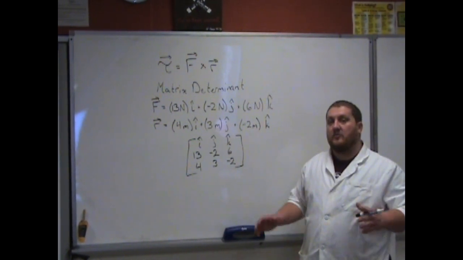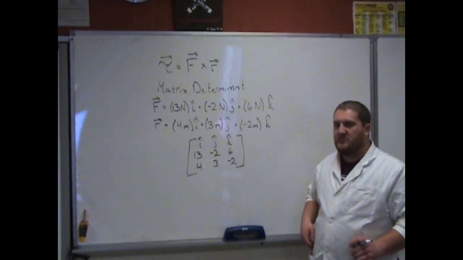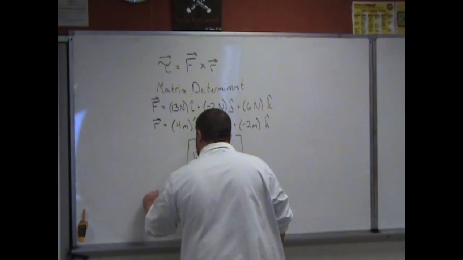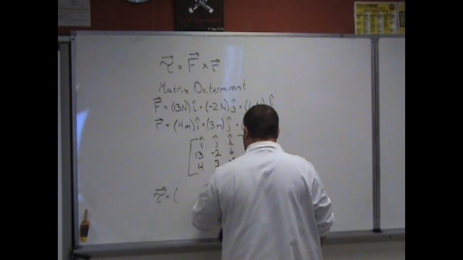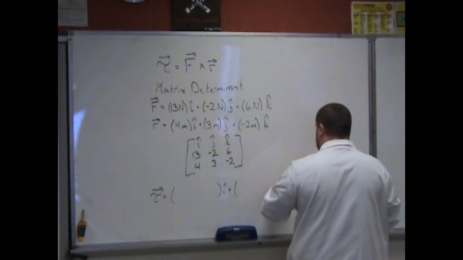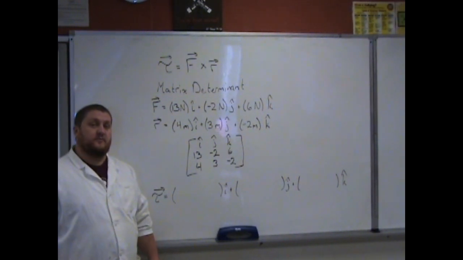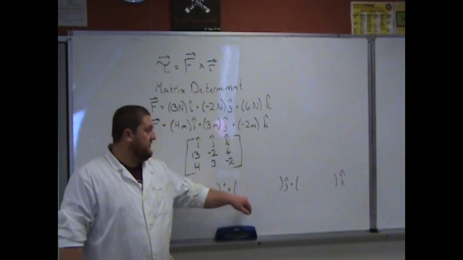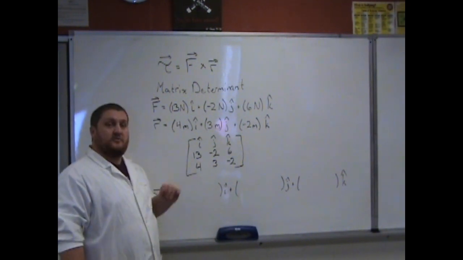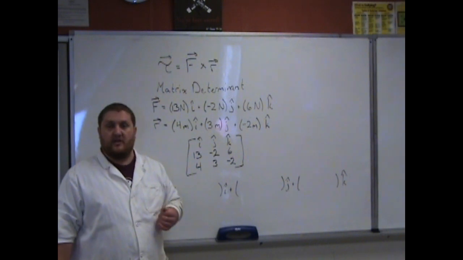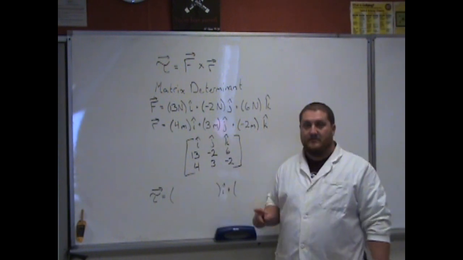As I solve this, I'm going to go ahead and write what my answer will look like. It'll make more sense here in a second. Since my answer will be a vector, I have the i component, the j component, and the k component. I've left myself lots of room because I'm going to need that room as I solve the determinant. The first dimension that we are going to solve is the i dimension.